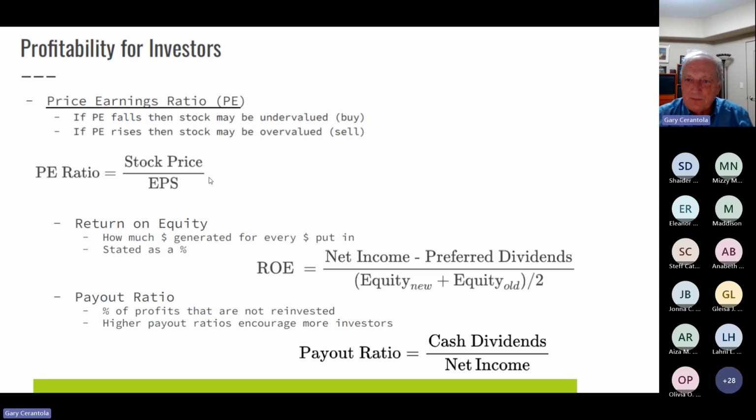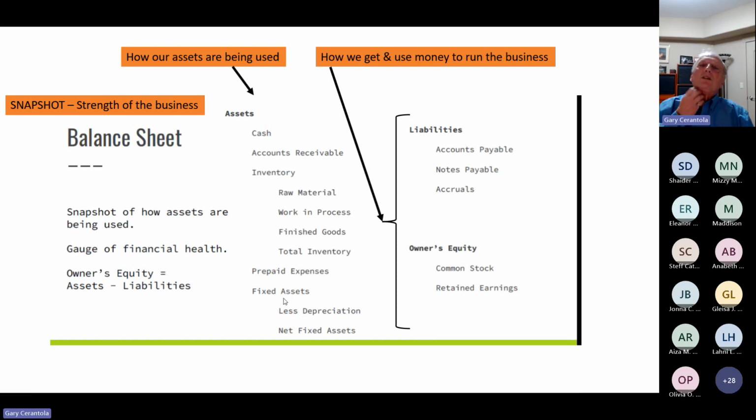Okay, so you're going to do a balance sheet for the Cupcakes assignment, and here's the way to look at the balance sheet. So you're looking at how your assets are being used on this side of the balance sheet, in terms of the cash, accounts receivable, prepaid expenses, all those things.